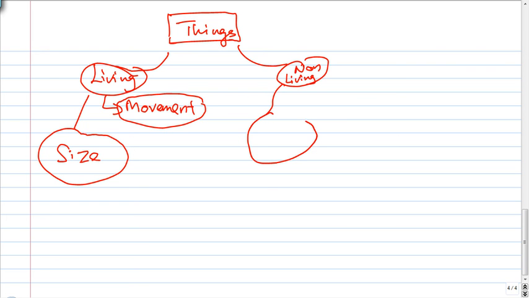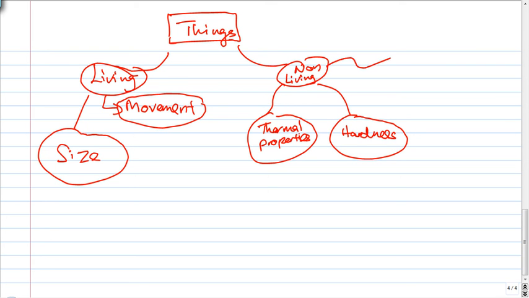Non-living things, we can classify them according to their thermal properties, their hardness, whether they can conduct electricity, conductors of electricity.